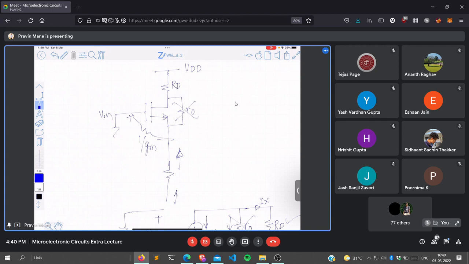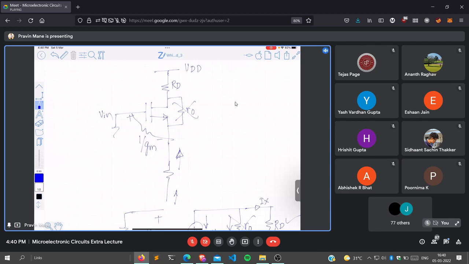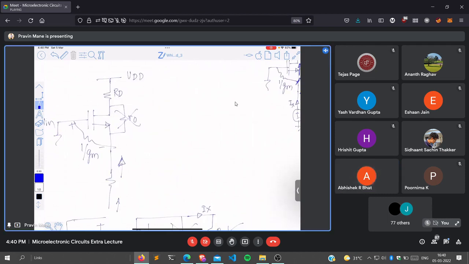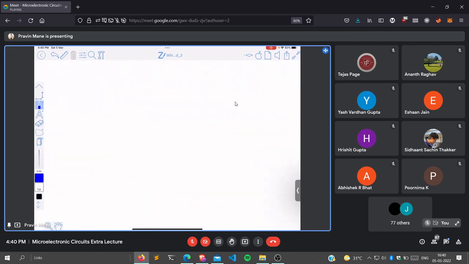Sir, I didn't understand how we wrote RS as RS times 1 plus GMRO in the previous. This is a way to remember it. I'm drawing a simple circuit here, and I will write all the rules I said.